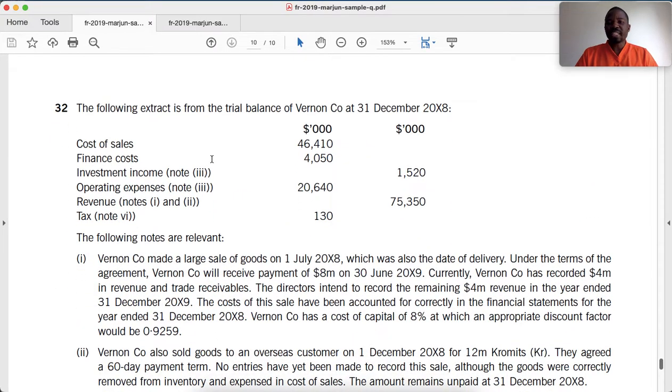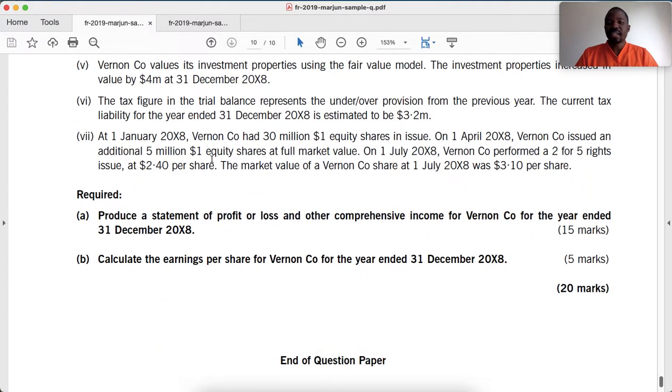Today we are going to be answering question 32, which says: produce a statement of profit or loss and other comprehensive income for Vernon Co for the year ended 31 December 20x8. B. Calculate the earnings per share for Vernon Co for the year ended 31 December 20x8. We are not going to be covering part B, we'll only cover part A together today.